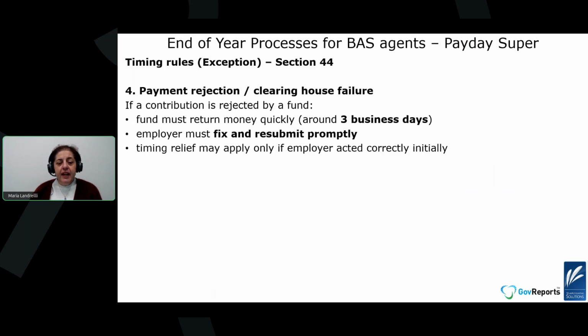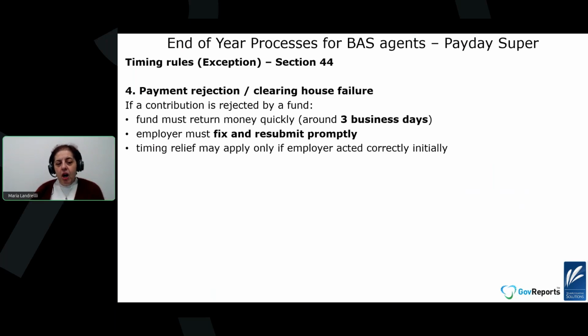So there is another exemption, but not really. If the payment is rejected by the clearinghouse or it fails, the fund must return the money quickly, around 3 business days, and the employer must fix and resubmit promptly.